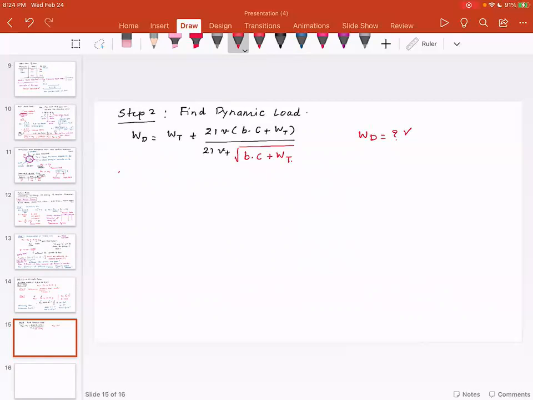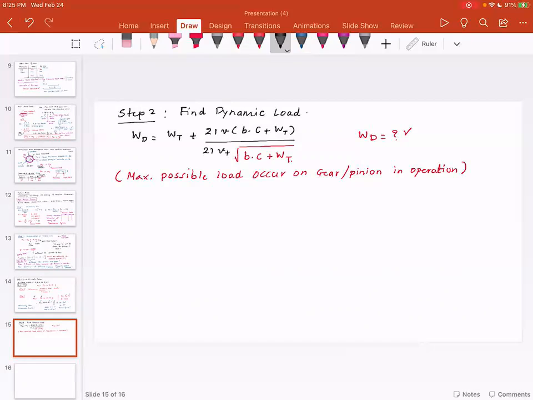Once again, I just want to note here, this is the maximum possible load that could occur on gear or pinion in operation. So this is the maximum possible load that could occur on gear.